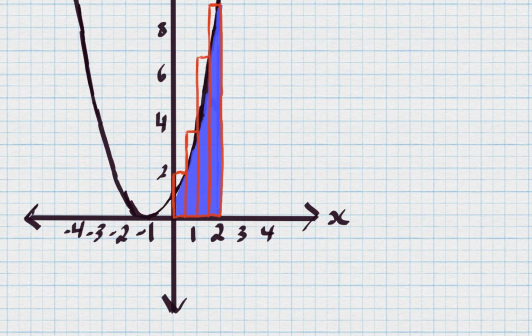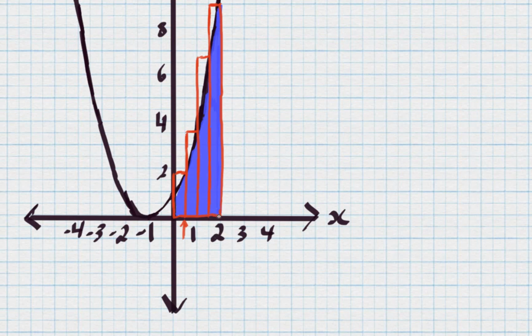Okay, let's go through the same process as before. We'll speed it up a little bit this time, but just keep in mind that this first rectangle we're going to look at, its height is actually determined by this x value here at 0.5. Our second rectangle, its height will be determined by x equals 1. Our third rectangle, its height will be determined by 1.5.